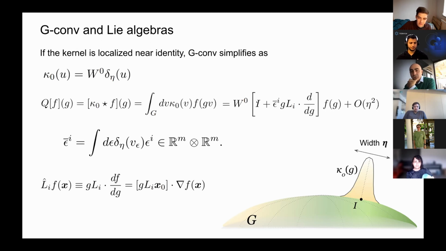So you can do a simple Taylor expansion of this f of gv term. The v term is what we're doing the integral over. If you assume that this kappa is only non-zero when v is close to identity, you can write v as identity plus epsilon L, like what we did when I was talking about the Lie algebra.